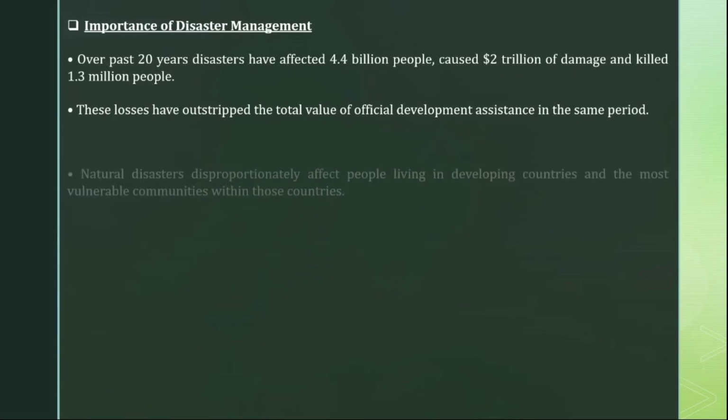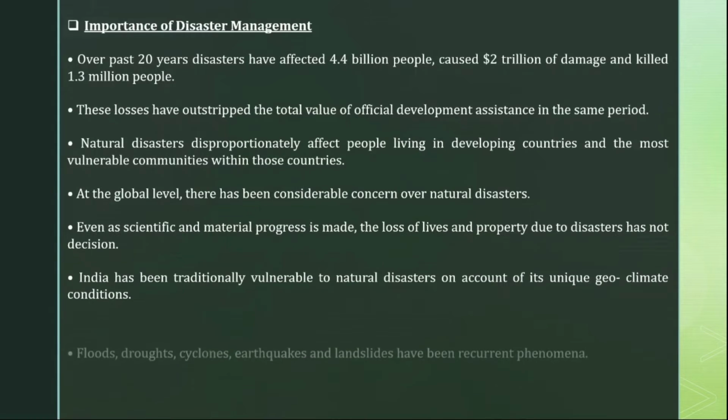So these are natural disasters which we cannot predict. Anyone on this earth cannot predict natural disasters. But we have to prepare for this. Okay, so what is the importance of this? I have already explained now.